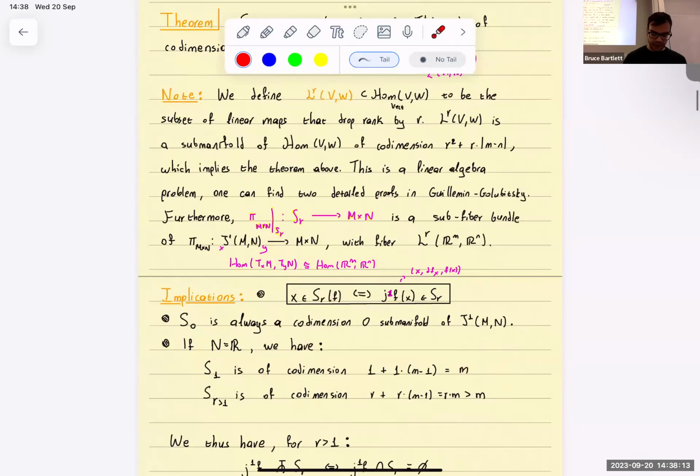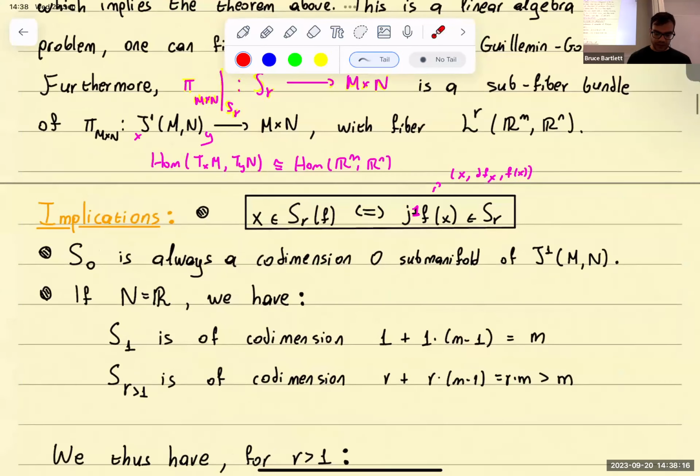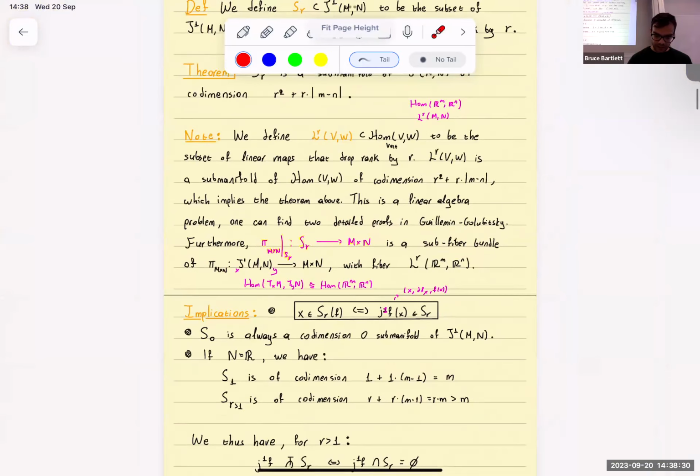So the other implication is, if I take my target manifold to be one-dimensional Euclidean space, then S1 will be of codimension 1 plus 1 times minus 1, which is just M. And SR, if R is greater than 1, from the same formula, will be of codimension... sorry, I made a mistake here.